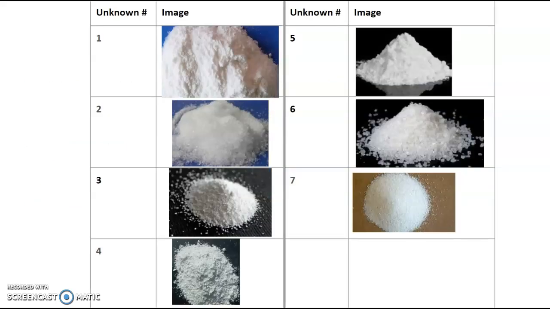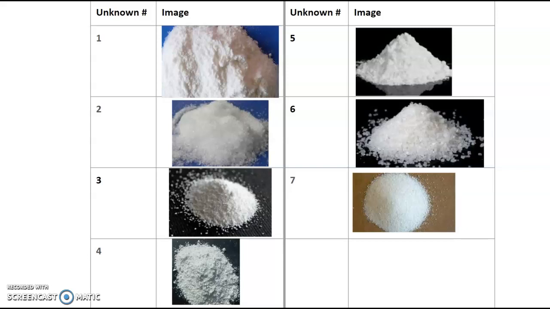This table provides an image of each of the unknowns. You can see that they are all white, and some of them are more powdery, some of them look more crystalline.